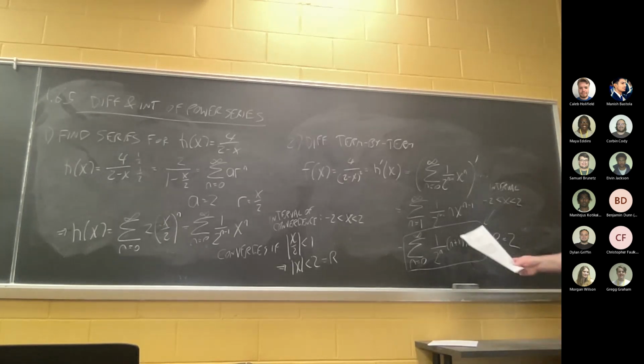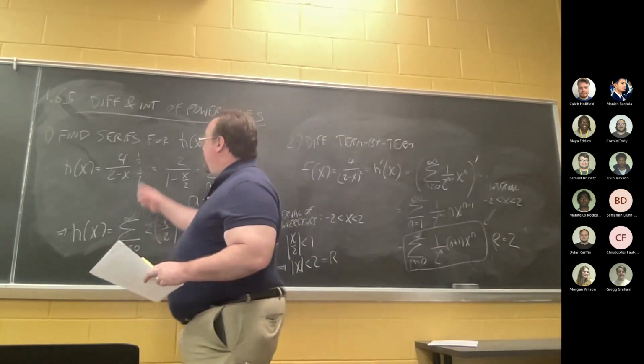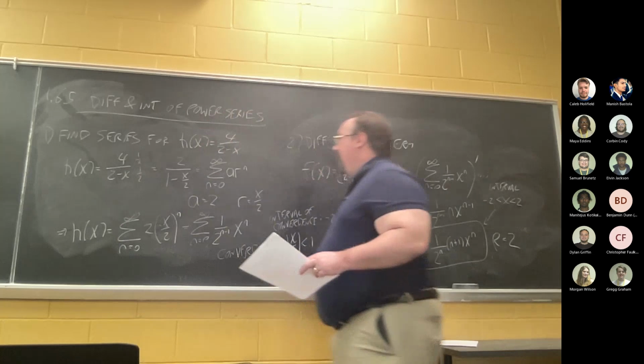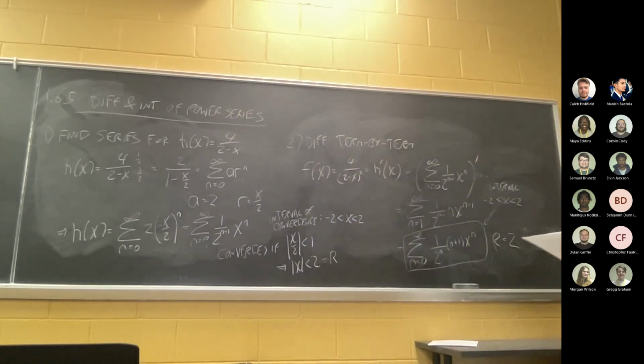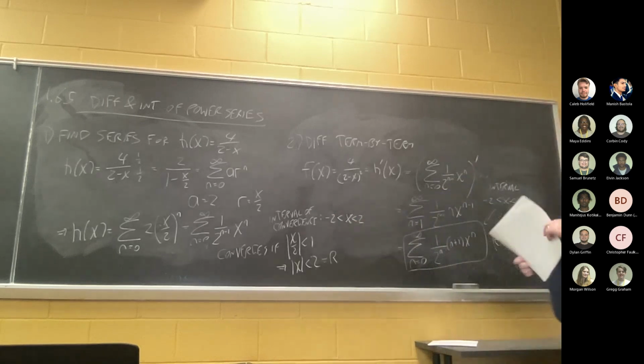So in the notes from this example, I've worked with the other antiderivative, which was 2x over 2 minus x. And so the process is generally the same. Like I said, the series for that antiderivative, which I label as g of x, is almost the same as this series right here.